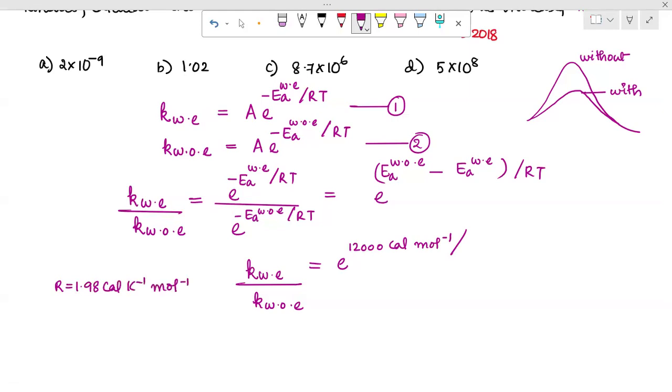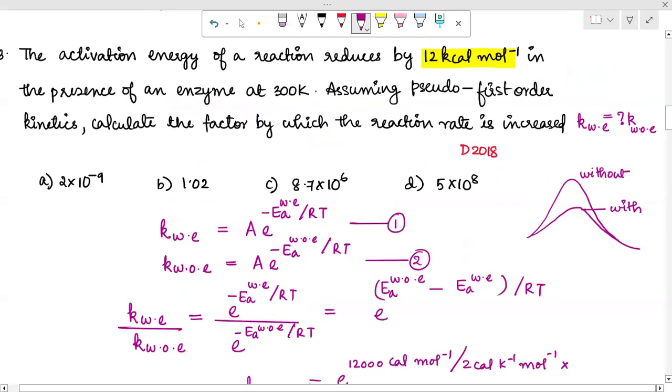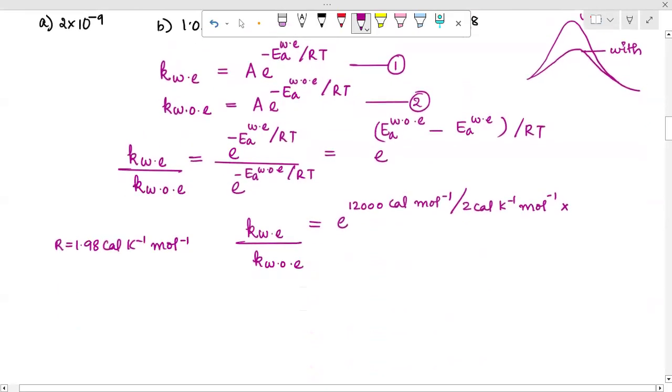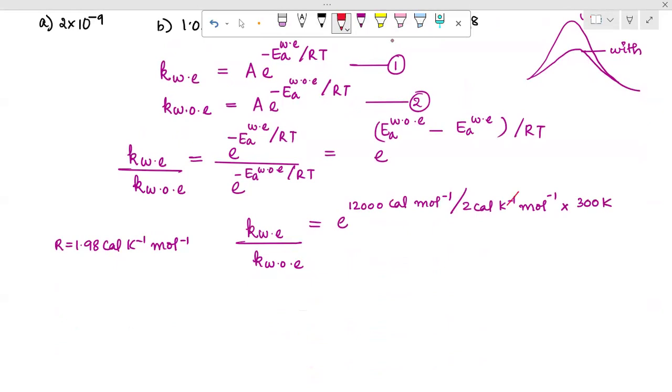But as the values in the options are very far apart, you can approximate it as 2 calories as well. No problem. Okay. So this is coming out to be 2 calories per Kelvin per mole. What is the temperature? Temperature of the system is given as 300 Kelvin. So you will put 300 Kelvin and per Kelvin, Kelvin gets cancelled.